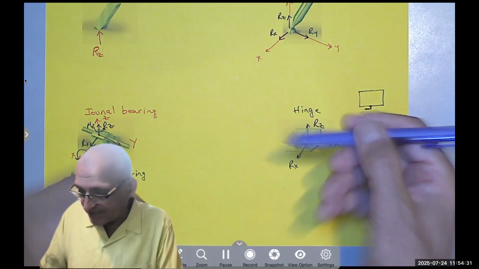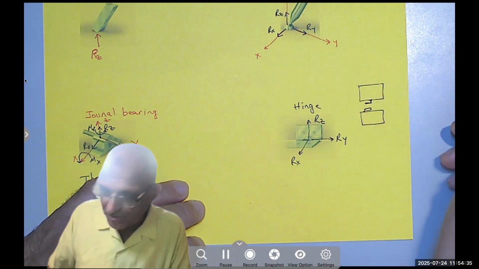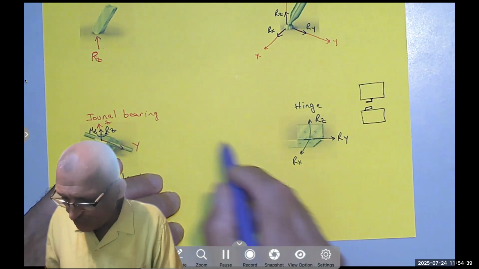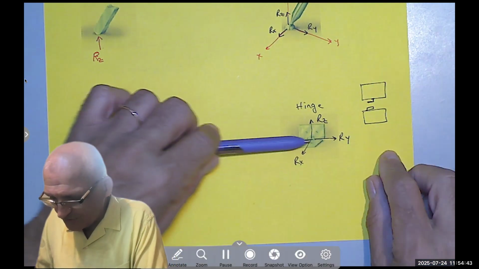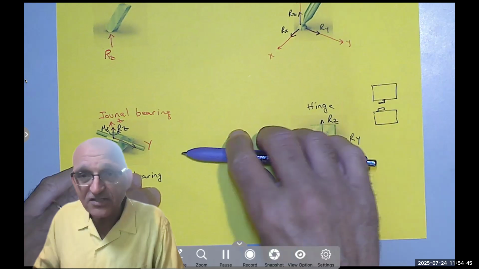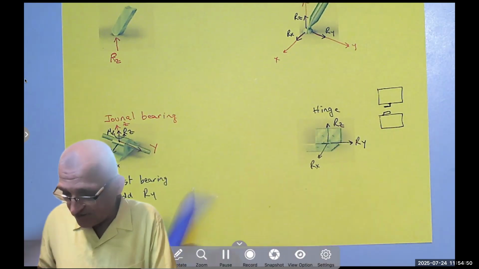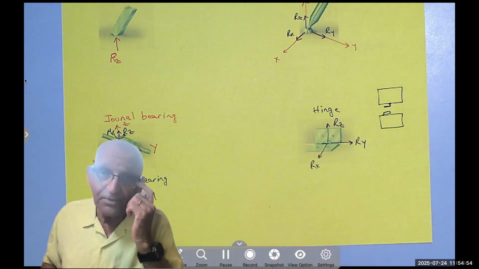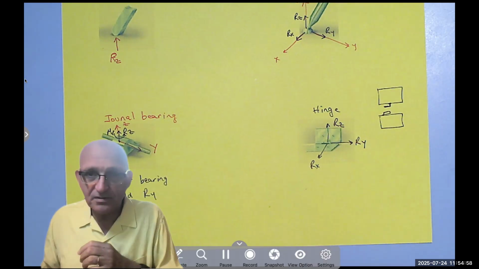So in one direction, if I push it in this direction, it moves, but if I push it in the other direction, it doesn't move. So usually I have two hinges next to each other. Maybe the pin on this one is to the right, the pin on the other one is to the left. So you cannot move it in either direction, because if they are in the same direction and you push sideways, they will separate. So that's why we have three components of the force.